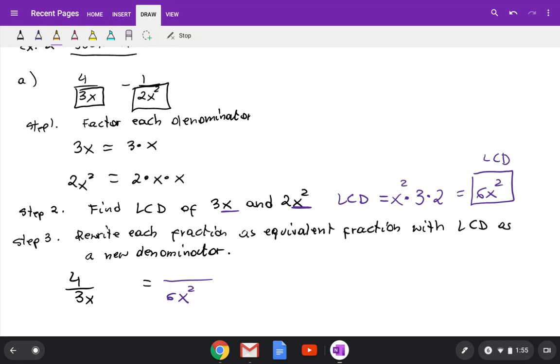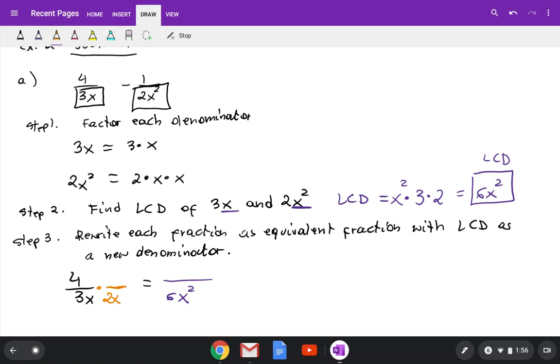So look what happened. We already have 3x. We're trying to get on the bottom 6. So to get 6, 3 has to be multiplied by 2. Okay. And I already have x. So the missing factor will be x because I need to get that x squared. So again, 3 times 2 will give me 6. X times x is x squared. Okay.